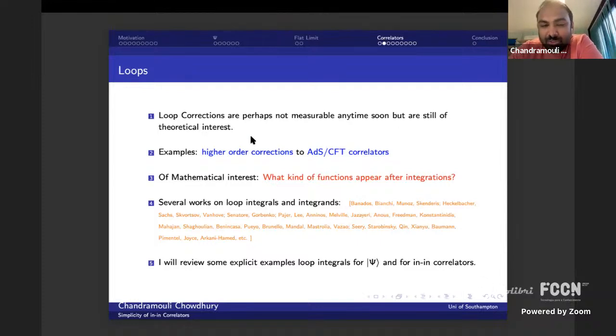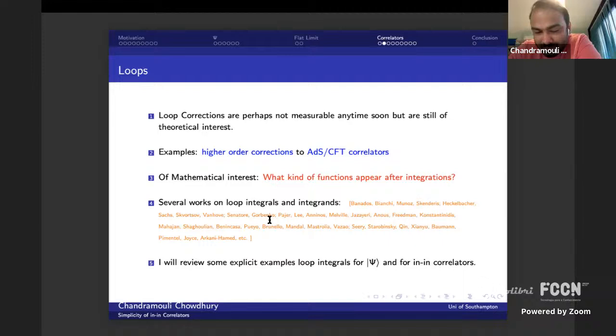And in terms of theoretical interest, it provides tests for AdS-CFT correlators at higher orders in N. And it's also of mathematical interest as to what kind of functions would appear after you do the loop integrals. That's something which mathematicians have also been interested in for quite some time.